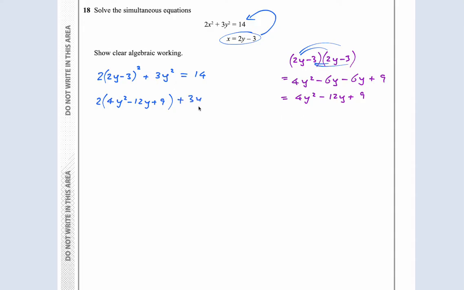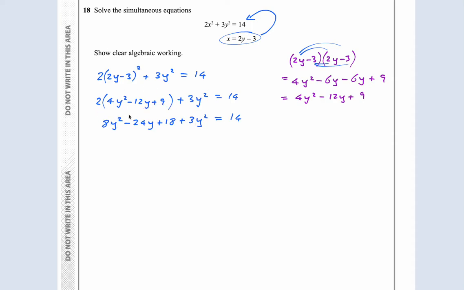Plus 3y squared equals 14. Okay, multiply this out. This times this is 8y squared minus 24y plus 18 plus 3y squared equals 14.